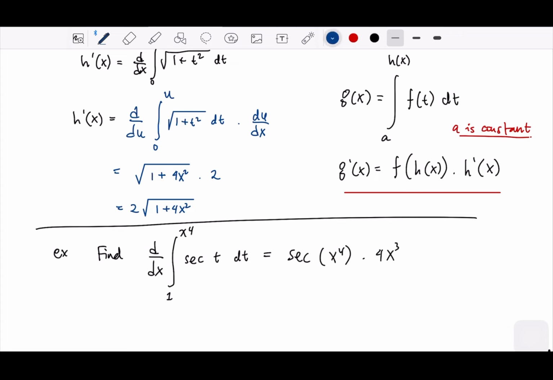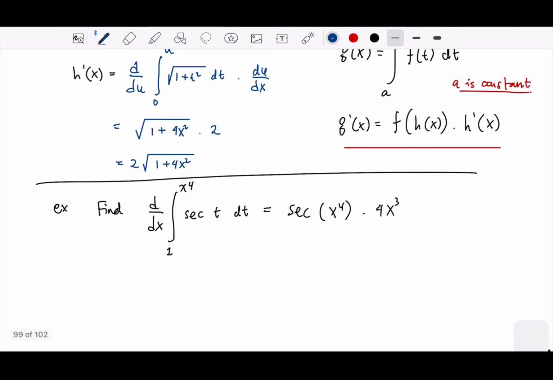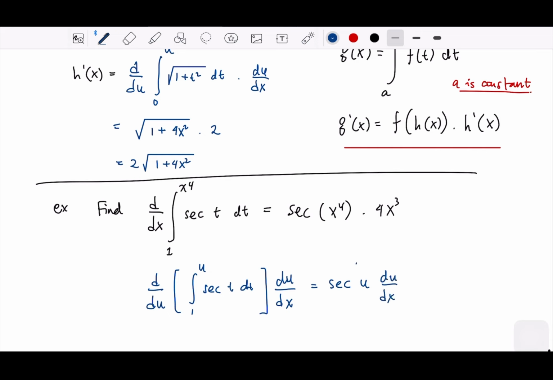Or if you would like to write in more detail, we could take this and make it into d du, and then take it from 1 to u secant t dt, and multiply with du dx. So we will have secant u multiplied by du over dx, and this is the result.